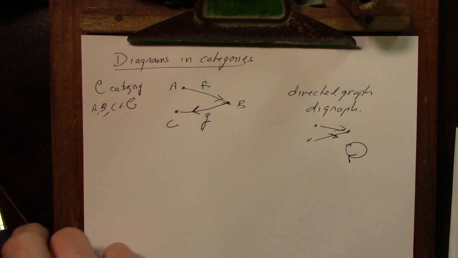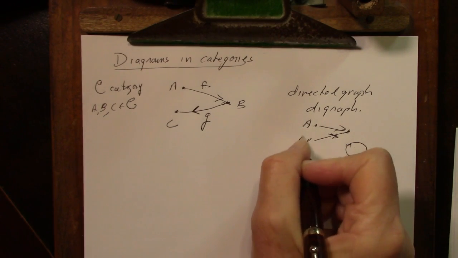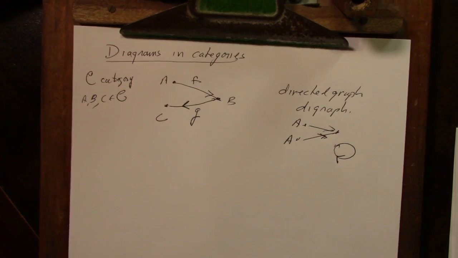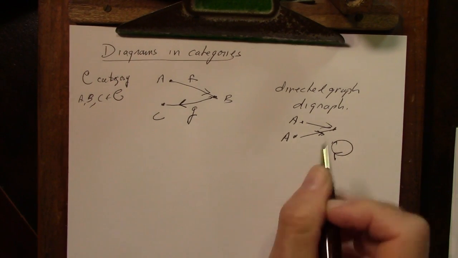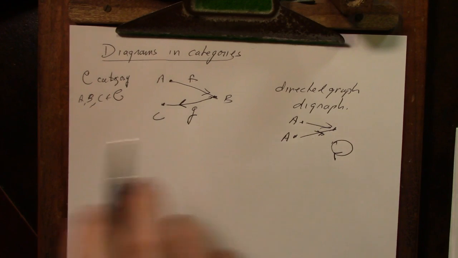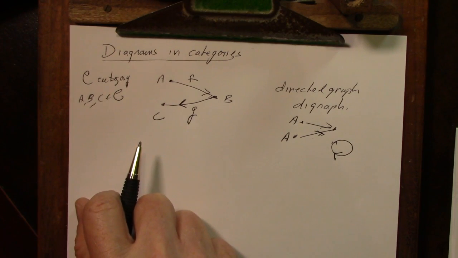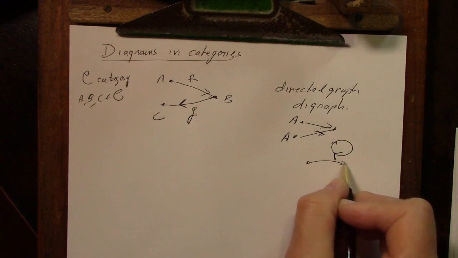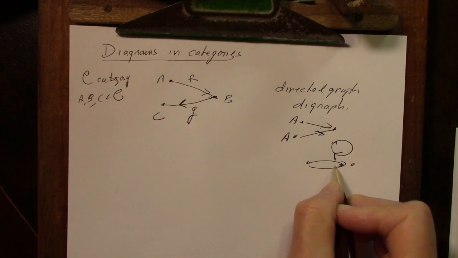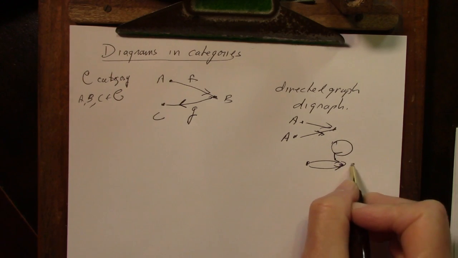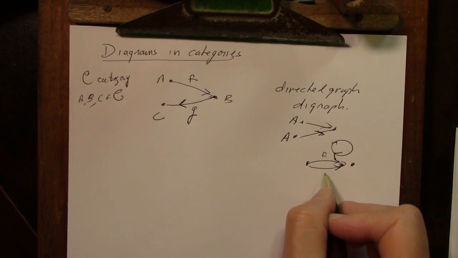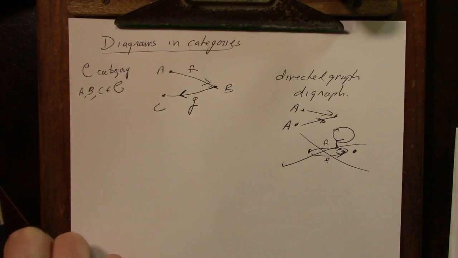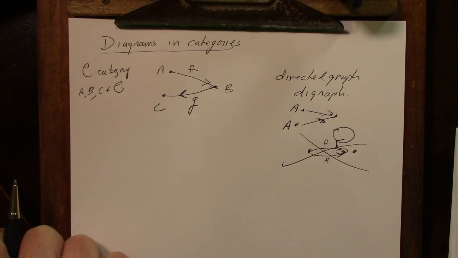And we can label two distinct nodes with the same object if we want, in which case it's possible that two distinct arcs will be labeled by the same morphism. One thing we want to avoid, however, is to have two arcs between the same two nodes labeled with the same morphism. We don't want that, and I'll discuss that a bit later. But otherwise, we don't have any restrictions.